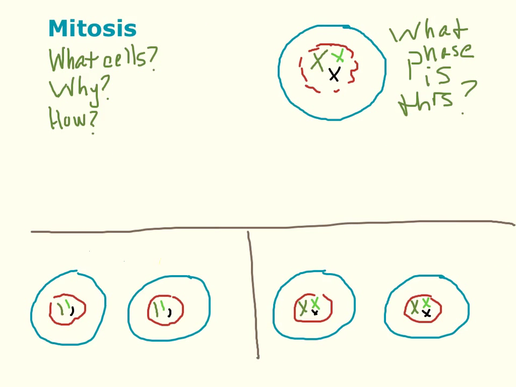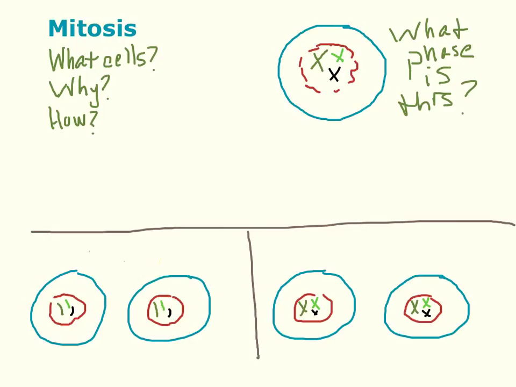Okay, so for mitosis, to start with, big questions. What cells go through mitosis? Why do cells go through mitosis? And then how does the process of mitosis occur? So what are the phases and how do they go?